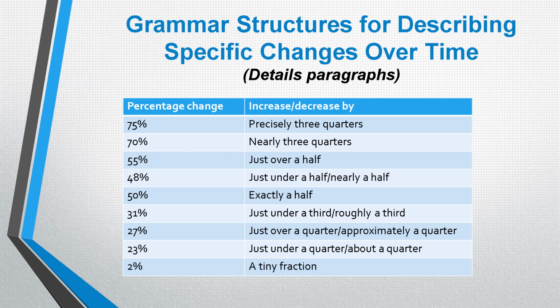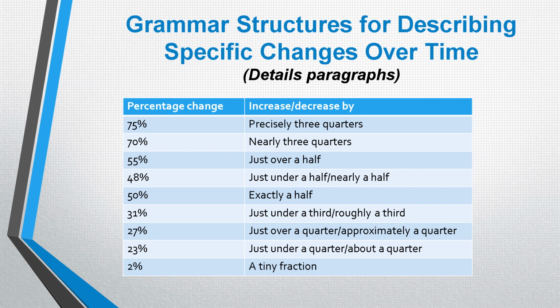If it's 55%, you might say it's decreased by just over a half. If it's 48%, just under a half or nearly a half. 50%, exactly a half. 31%, just under a third or roughly a third or slightly under a third.